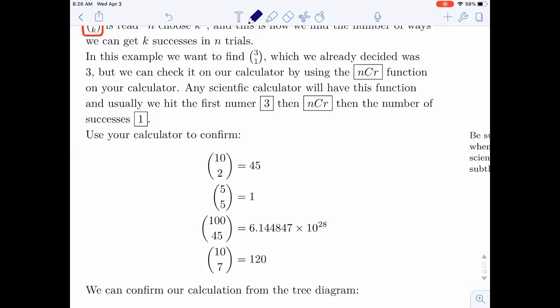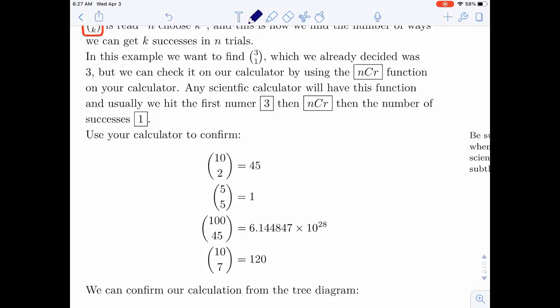I've got a note in the margin just saying, be careful when your calculator is showing you scientific notation, because sometimes it's really subtle. Like on this one, I've got 6.144847 and then a little space and then 28. And that's all it's doing for scientific notation. What that's saying is 6.144847 times 10 to the power of 28. That's huge, right?